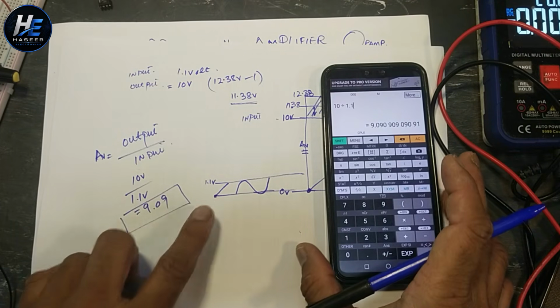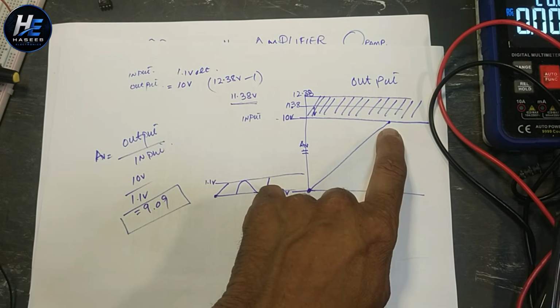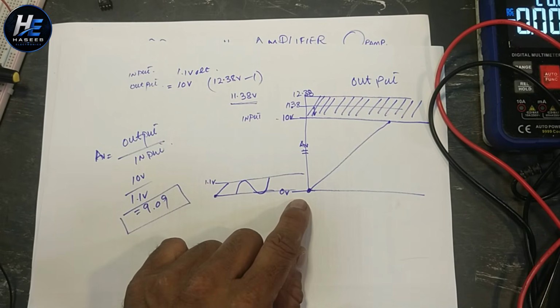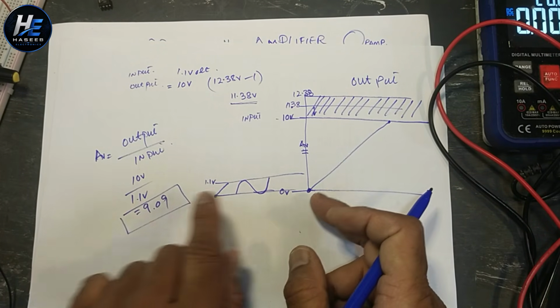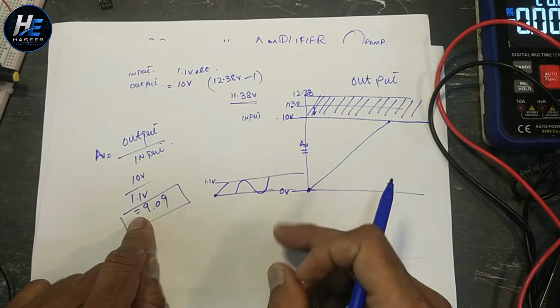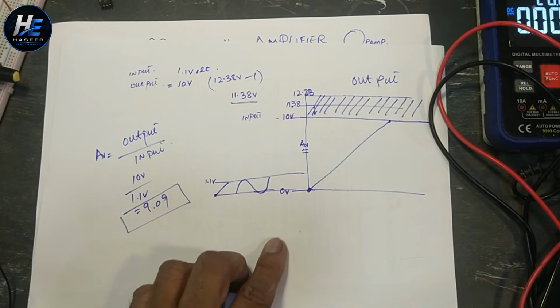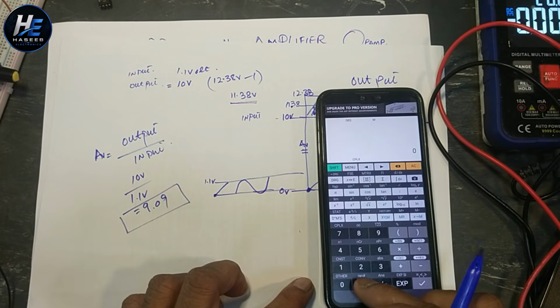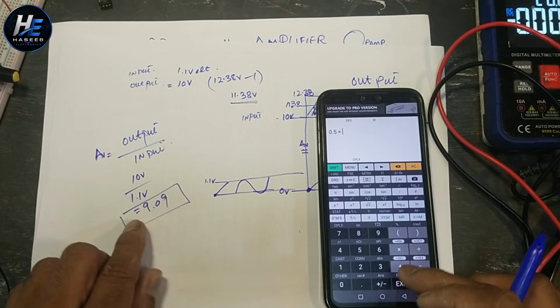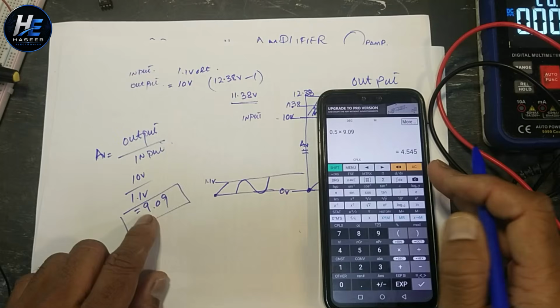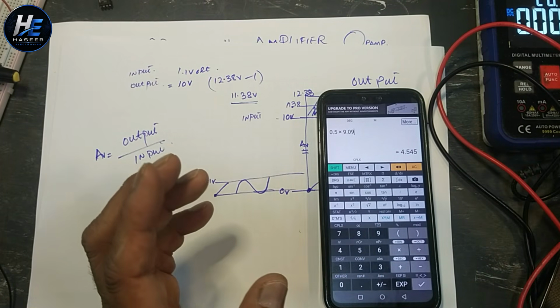When we provide 1.1 volt, the output will be 10. If we provide 1 millivolt, 1 multiplied with this number, we will receive output. If we provide 0.5 volt, 0.5 multiplied with 9.09, output will be 4.5 volts.